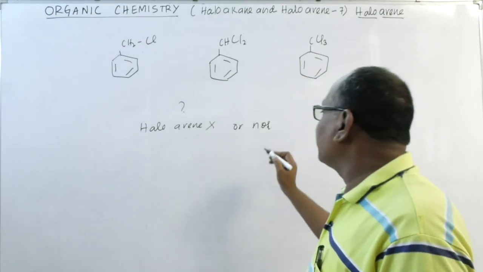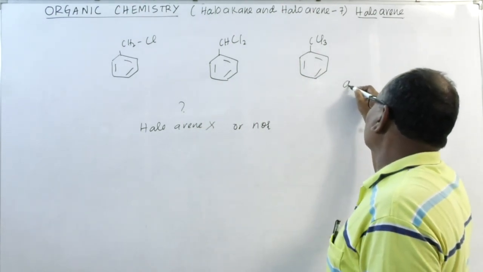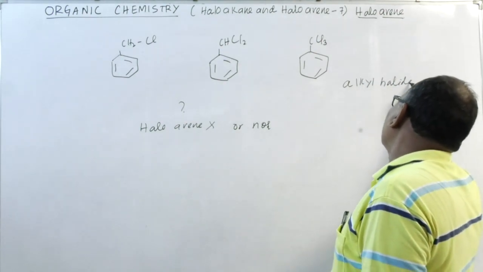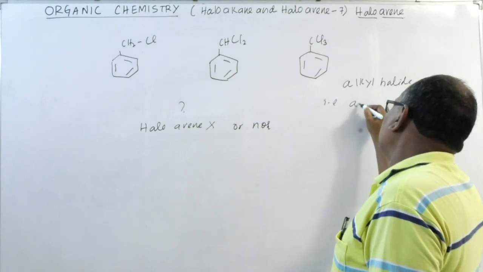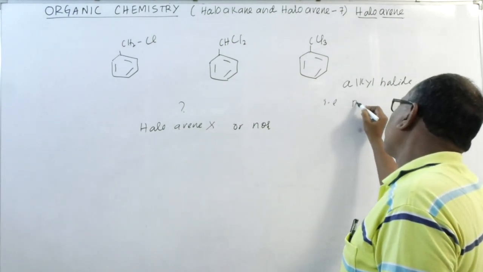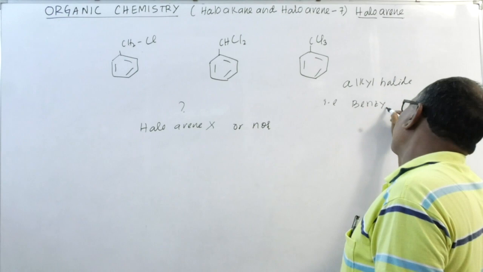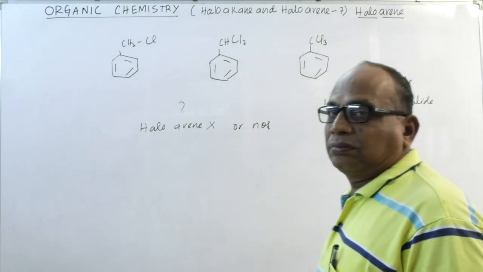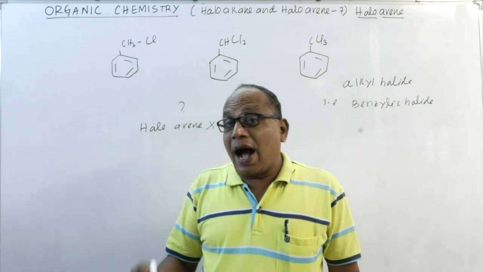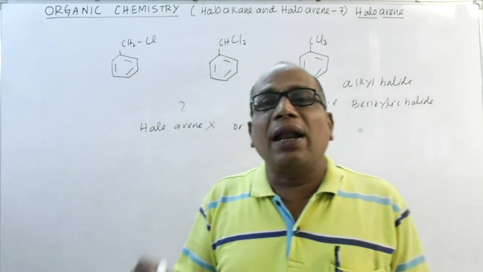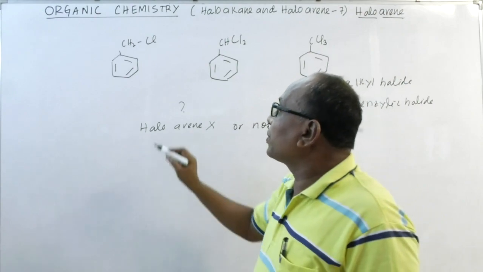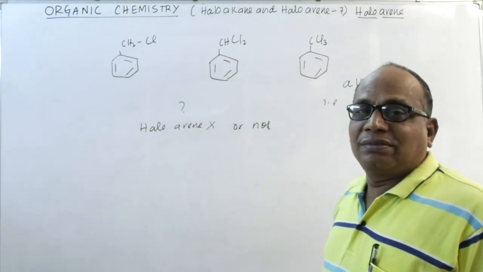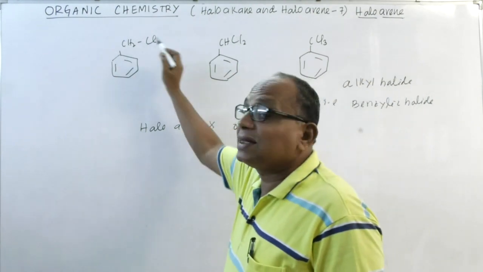These are simply a class of alkyl halide, that is, benzylic halide. Haloarenes means the halogen atom must be substituted into the benzene ring, not in the side chain.